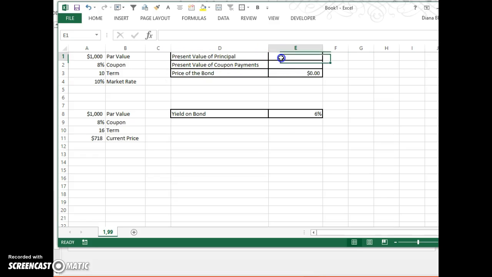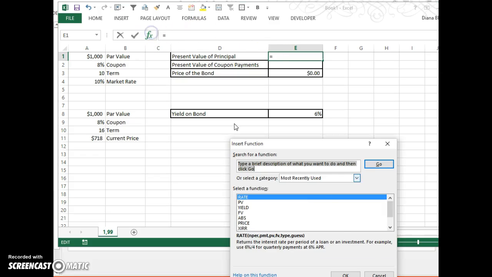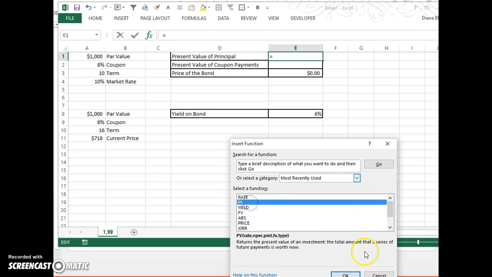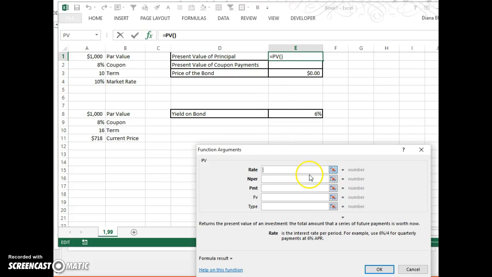First, we'll get the present value of the principal, the $1,000 that we're going to get at the end of the 10-year term. What is the present value of that? So we can use the present value function that we learned last week, and we're going to enter the market rate here and divide it by 2 because bond payments are made twice a year. So we're going to have 2 compounding periods per year.